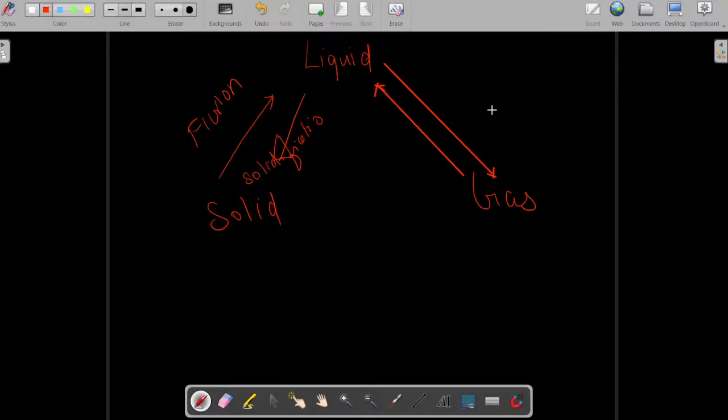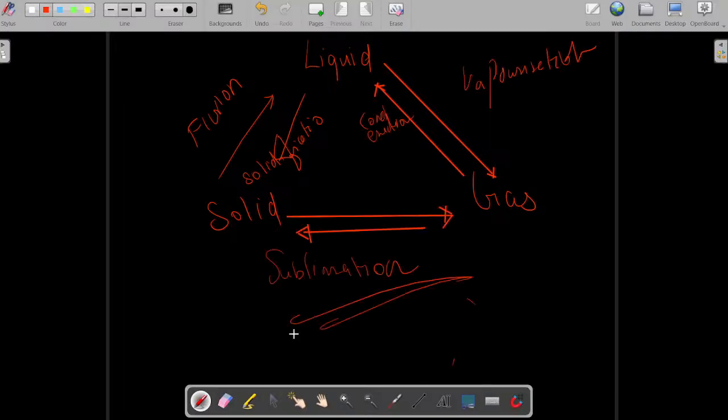Then solid to gas, I think, is sublimation. Both are sublimation, but you can also say gas to solid is deposition too.